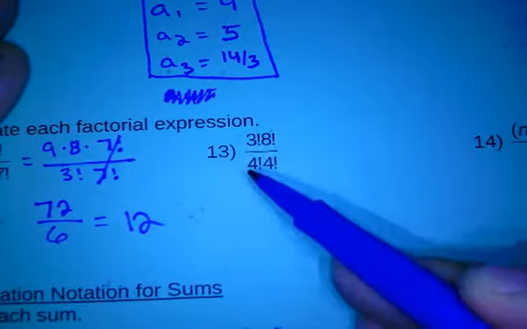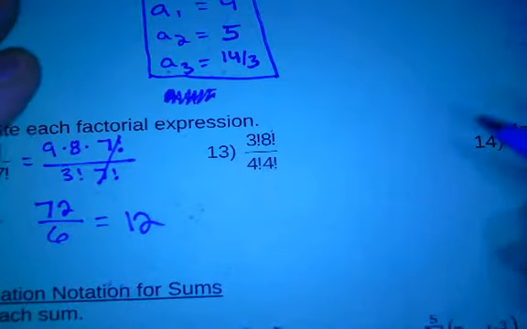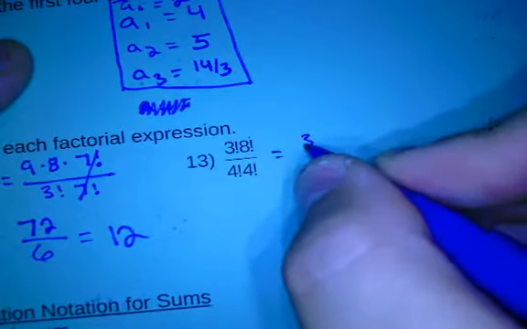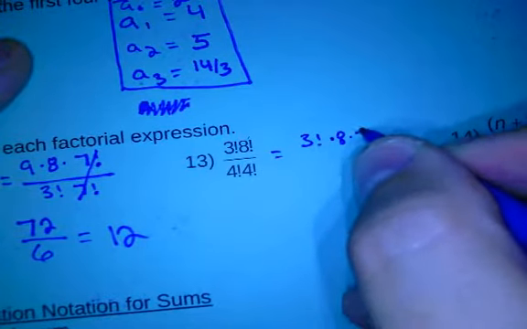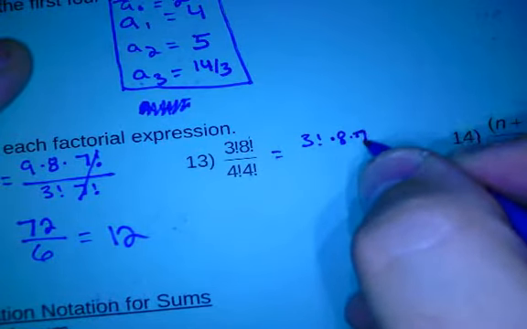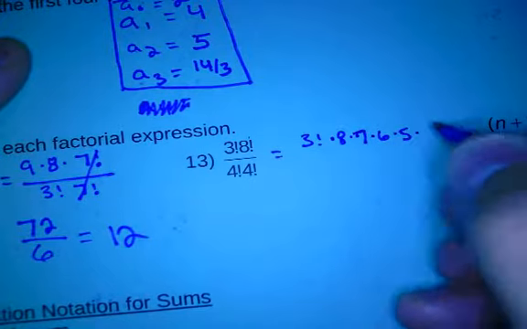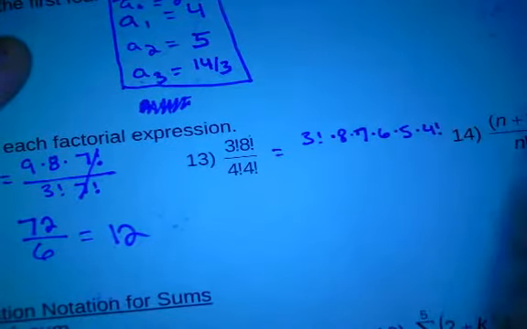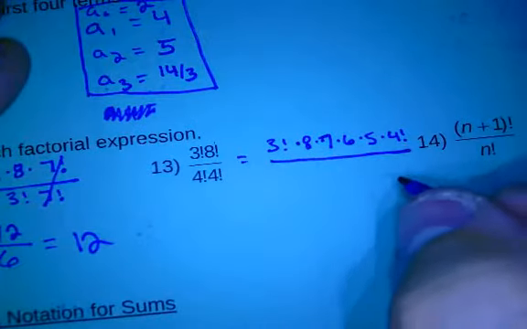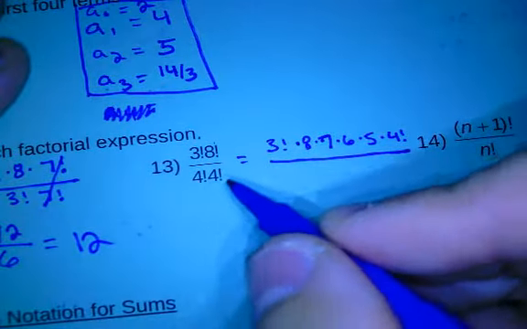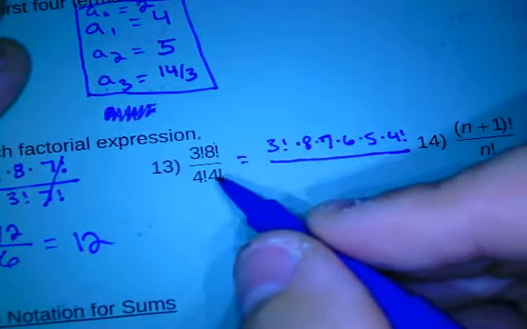All right, so let's look at 13. Can we break the 8 down to get rid of one of these 4s? Sure, let's go ahead and do that. So this is going to be 3 factorial times 8 times 7 times 6 times 5 times 4 factorial, all over... One of these 4 factorials is going away.